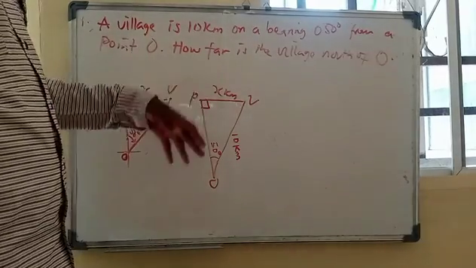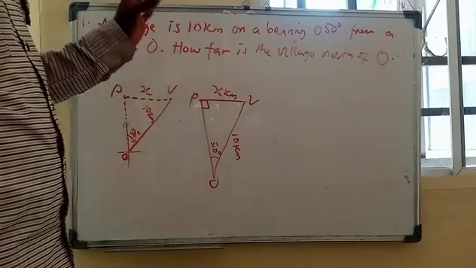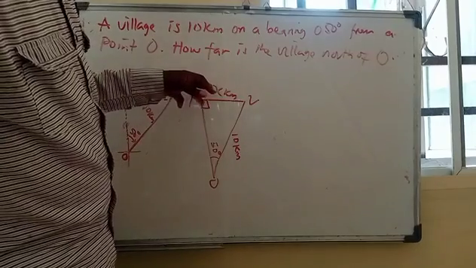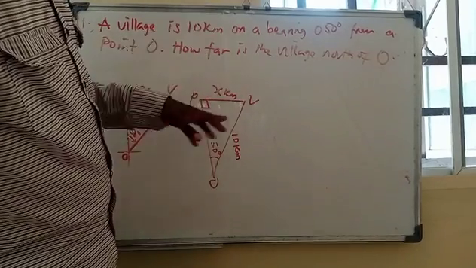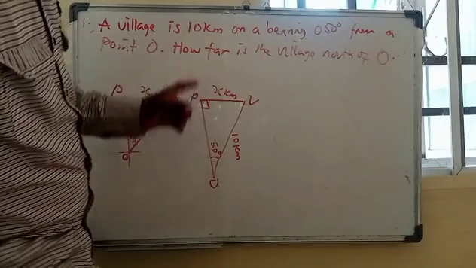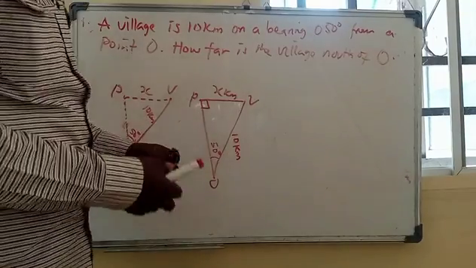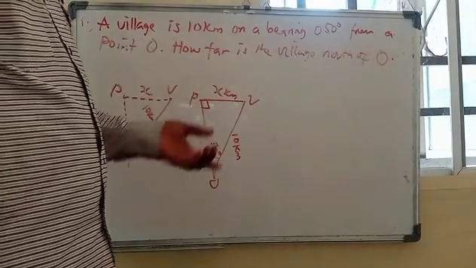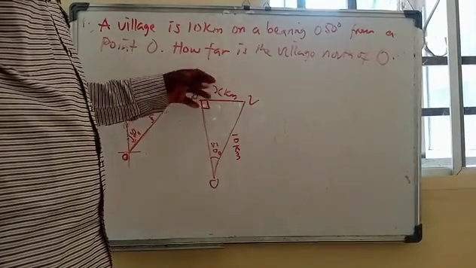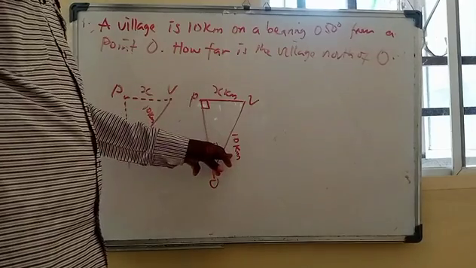Looking at the side we are looking for, we cannot use Pythagoras theorem because we have one side known and a side unknown. If we use Pythagoras theorem, there is no information on the third side, so it's not possible. Since we have an angle, we're going to use SOHCAHTOA. How do we know whether to use sine, cosine, or tangent? You look at the sides where we have values.